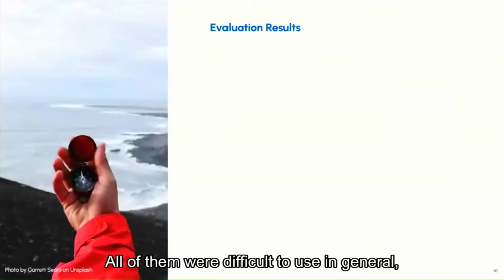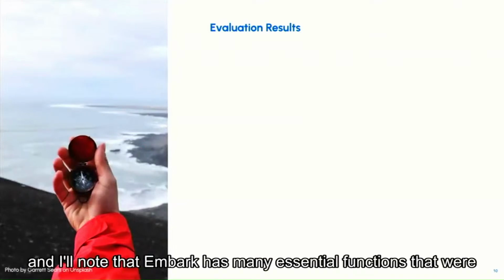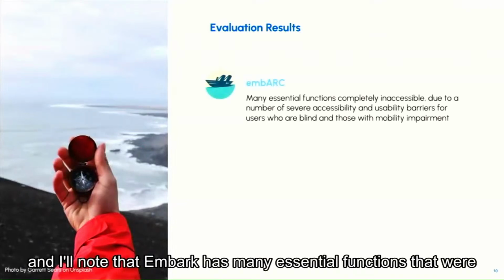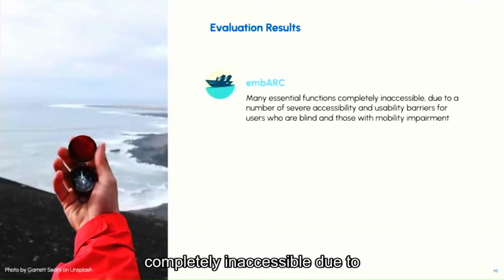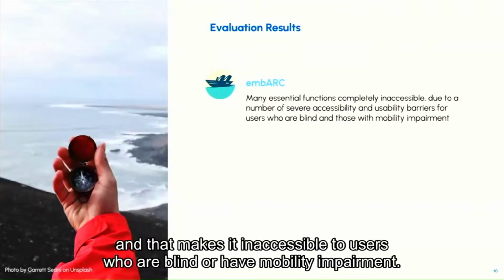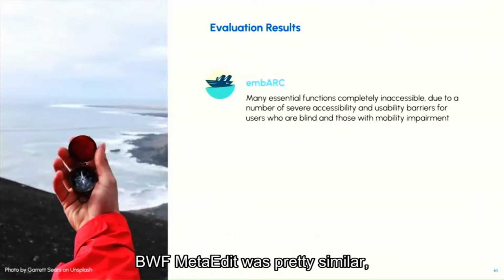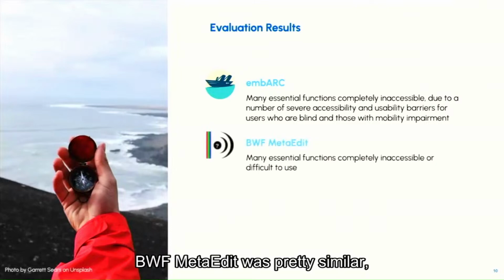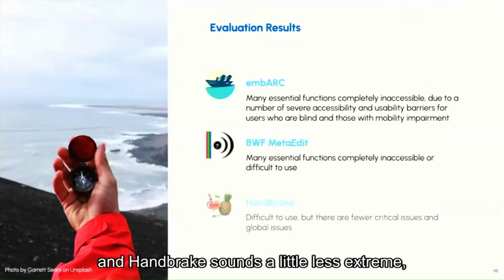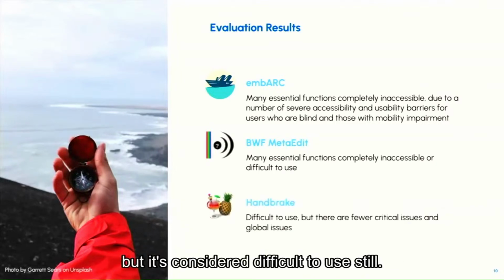All of them were difficult to use in general, and I'll note that Embark has many essential functions that were completely inaccessible due to a number of severe issues, and that makes it inaccessible to users who are blind or have mobility impairment. BWF Meta Edit was pretty similar, and Handbrake sounds a little less extreme, but it's considered difficult to use still.